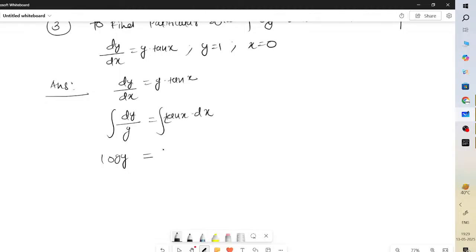It is log sec x. So log of y is log of sec x plus c, and c is our integration constant. It can be anything, a, b, c, d, e, f. For our convenience, we only take c here. Okay.